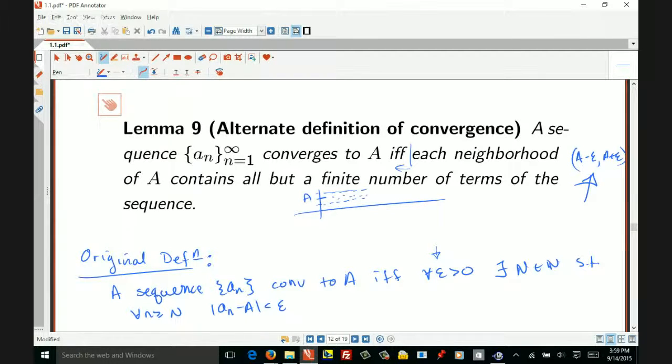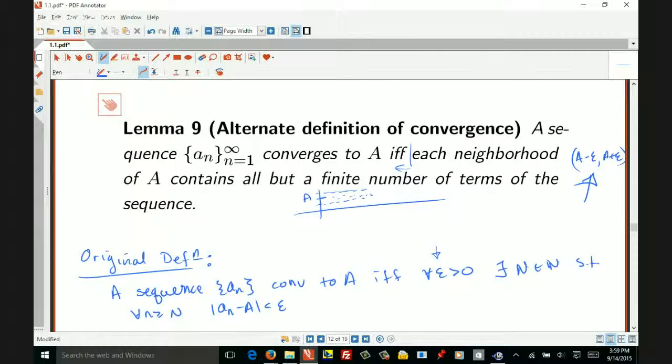So in here, you have all of the terms of your sequence except a first finite number of them. Now, that first finite number does not have to be small. It could be 10 trillion terms before you get into that bounded area ever after. So don't let that fool you into thinking that finite means 3.